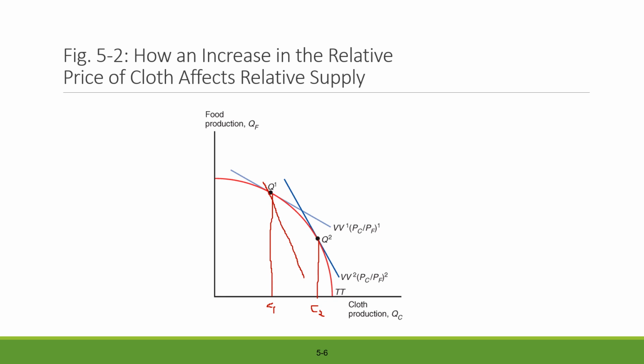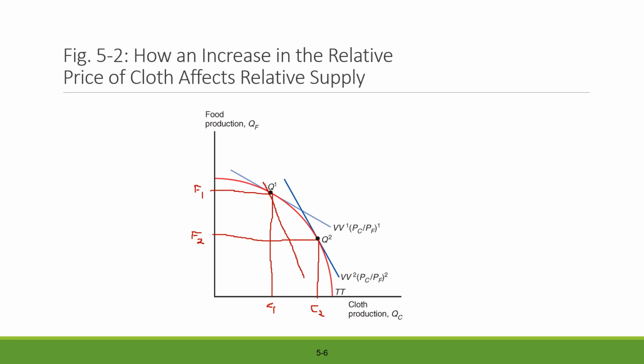But on the other hand, since the relative price of food has decreased, we will be producing less food than earlier. F1 may identify the quantity of food in the first scenario, whereas F2 identifies the quantity of food in our new scenario.